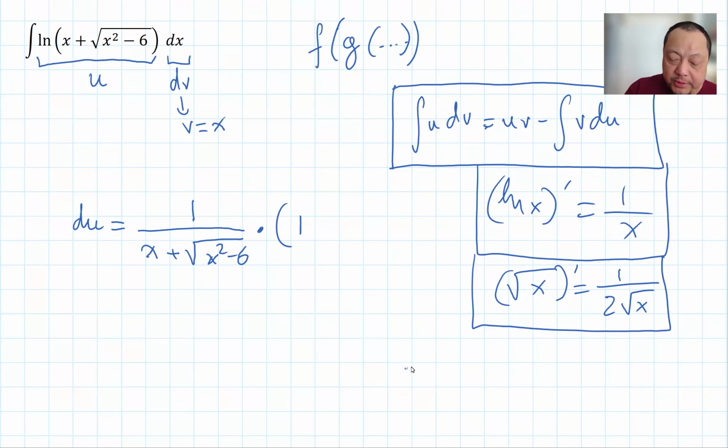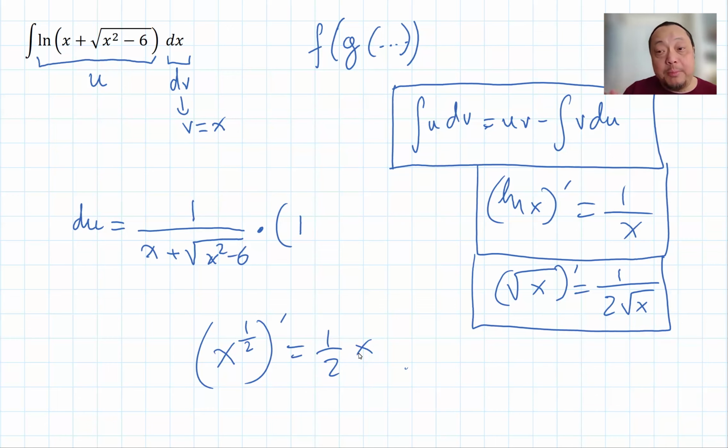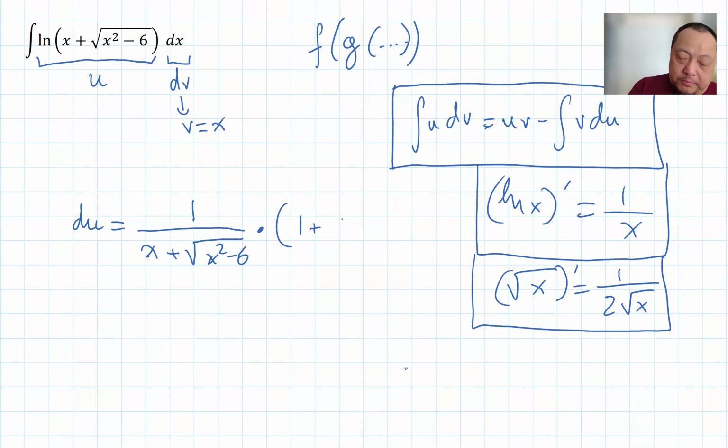So the derivative of x to the power 1/2 is 1/2 x to the power 1/2 minus 1. 1/2 minus 1 equals negative 1/2, and negative 1/2 means square root in the denominator. Plus 1 over 2 times the square root of x squared minus 6.